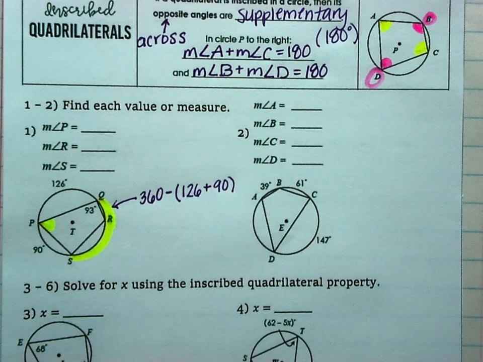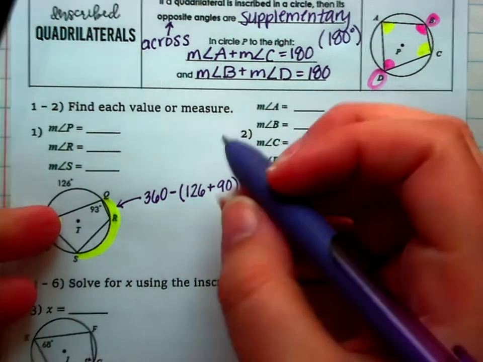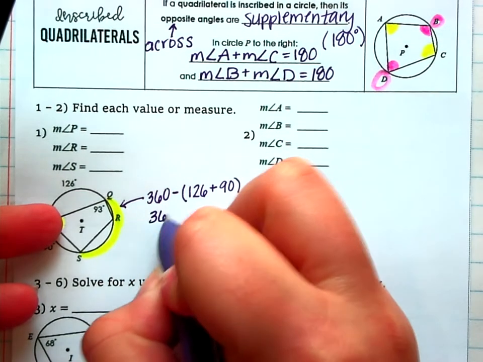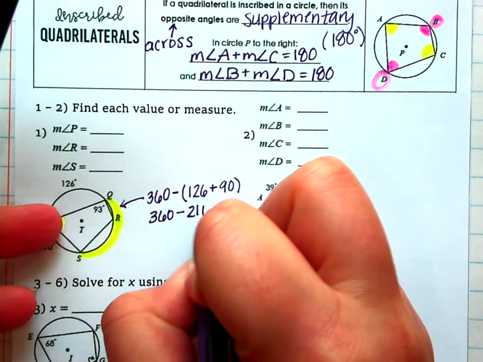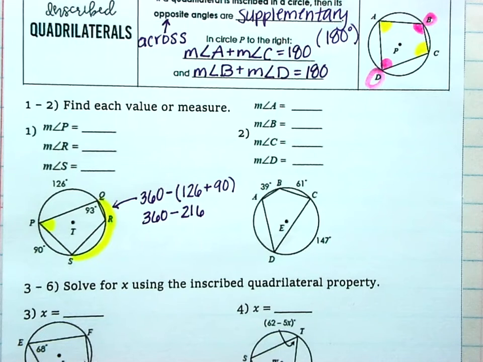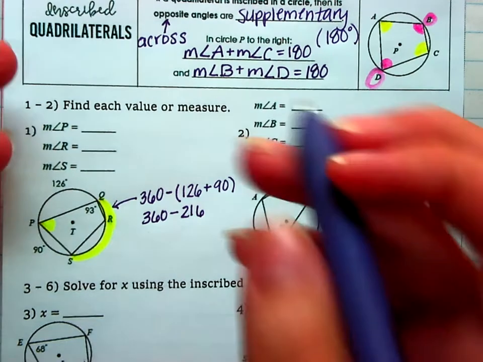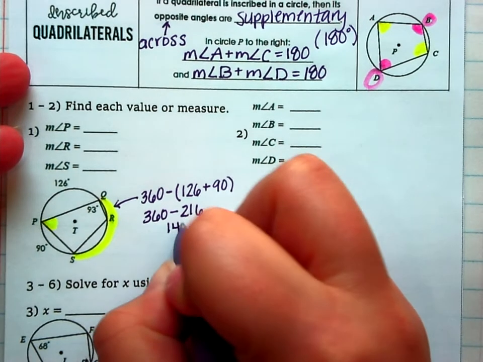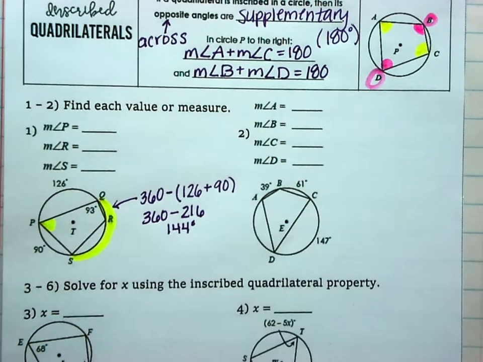So I believe that gives us 216, 126 plus 90 is 216, so 360 minus 216 is 144. That is the measure of the yellow arc.